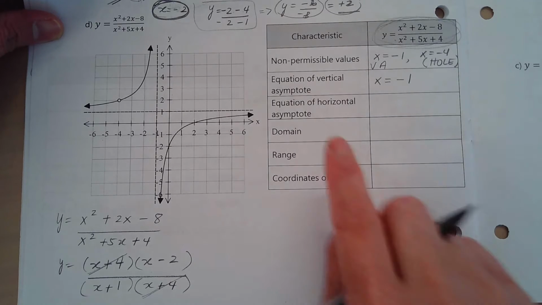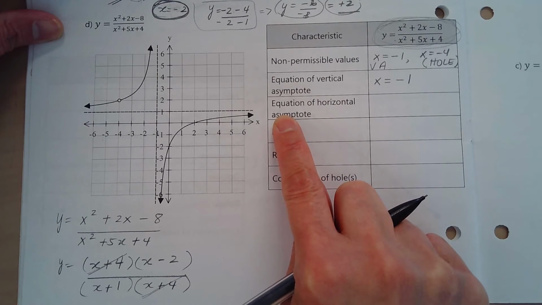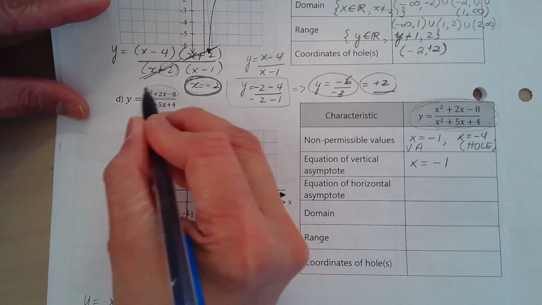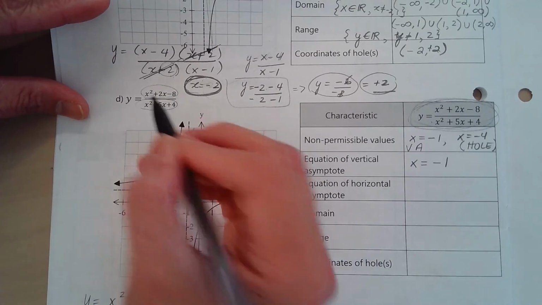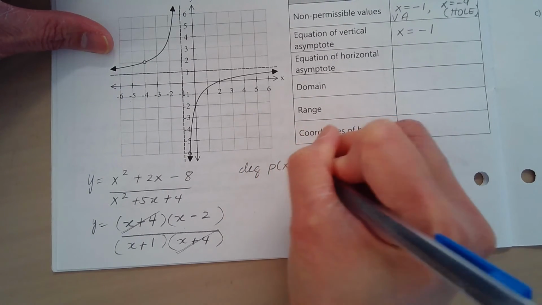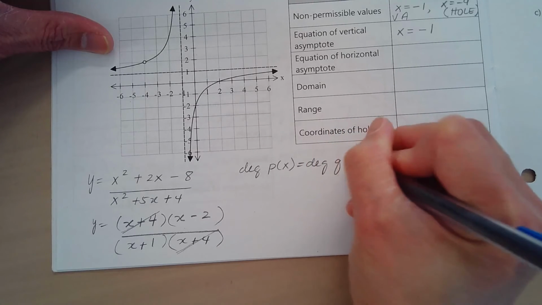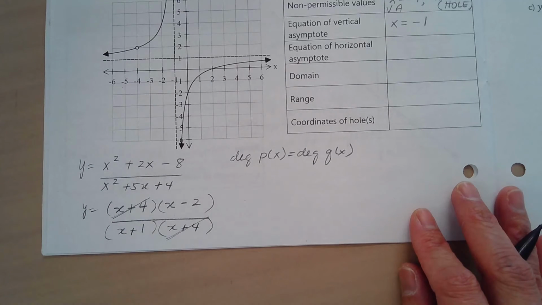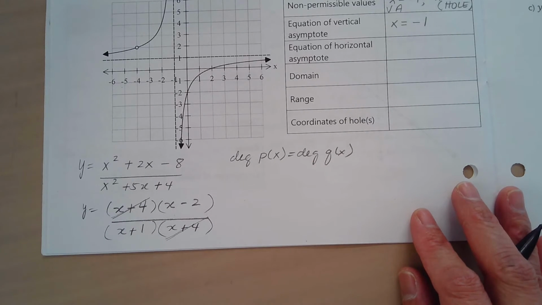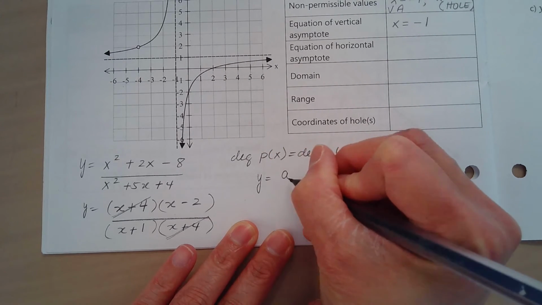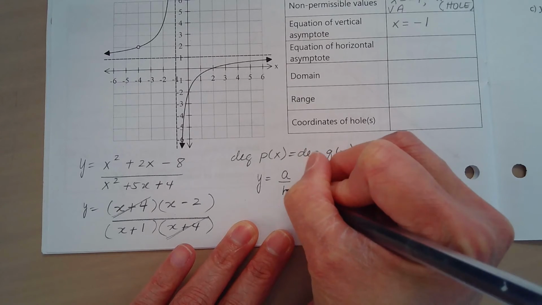What about the equation of the horizontal asymptote? The degree of the numerator and the degree of the denominator are equal to each other. So therefore, the horizontal asymptote will be y equals a over b.